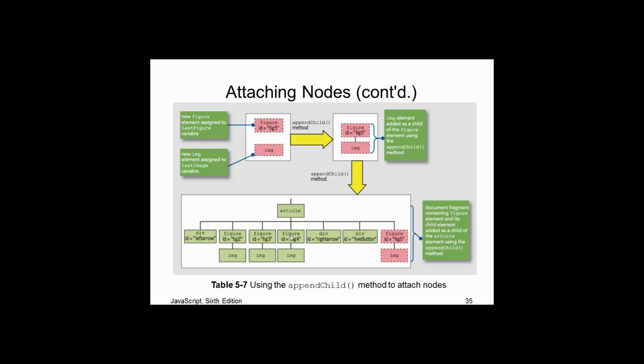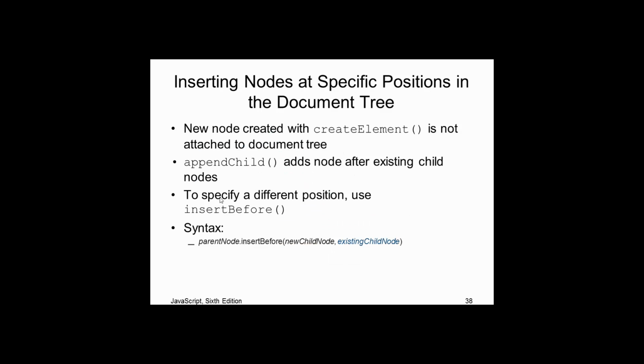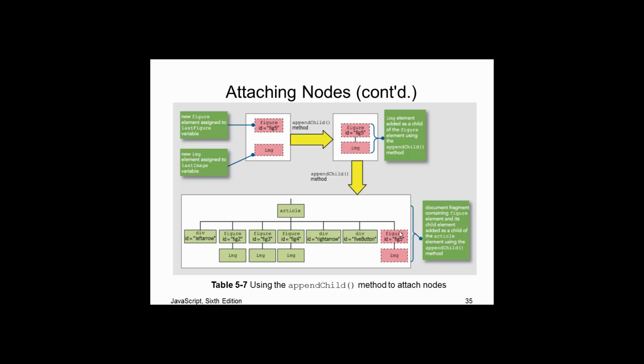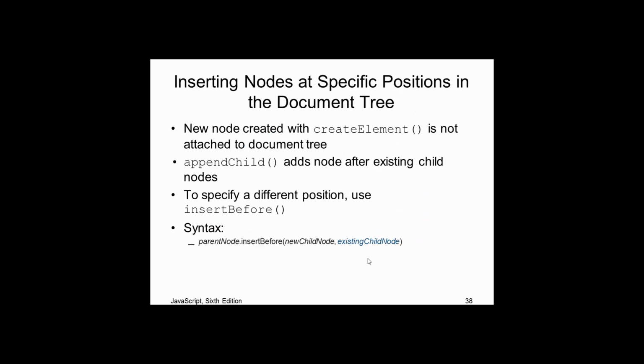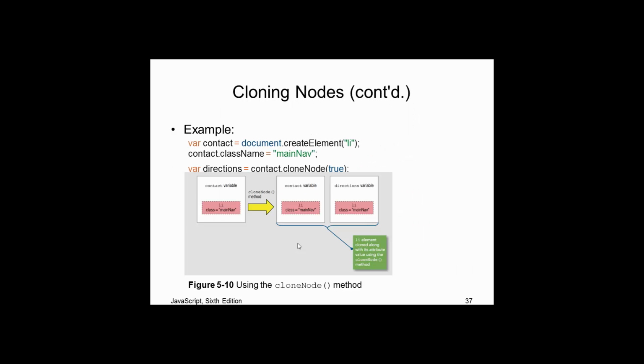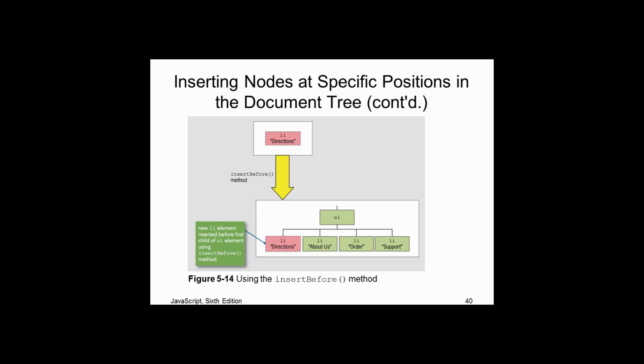Isn't the new figure 4 existing something? Well, the new child would be figure. Oh, okay. And then the existing child would be maybe fig 4, whichever one you want to pick. That's the existing child. Okay? Now, let's look at my demonstration.